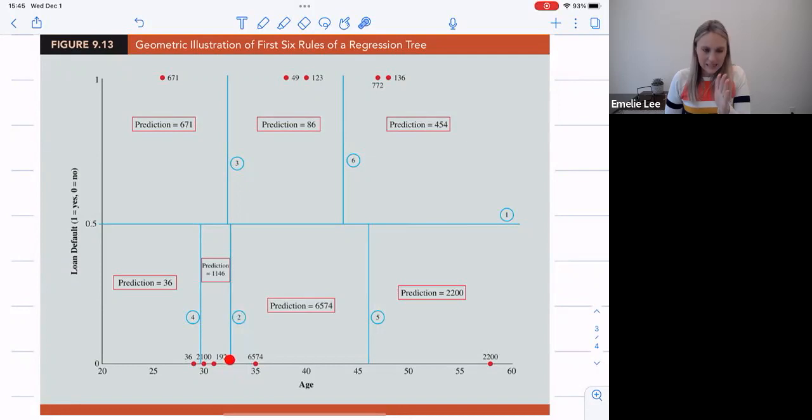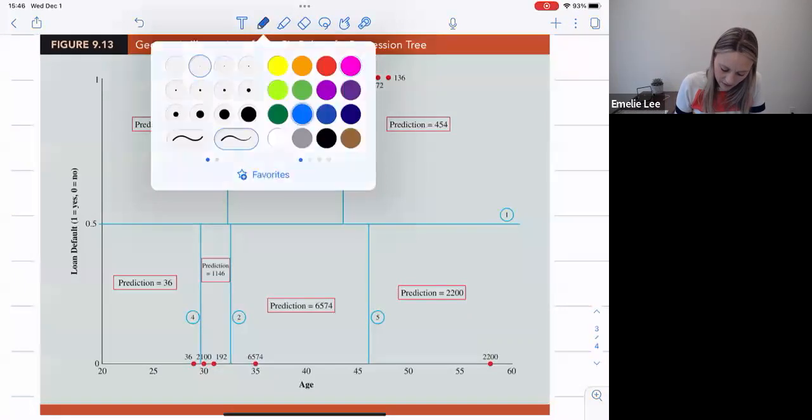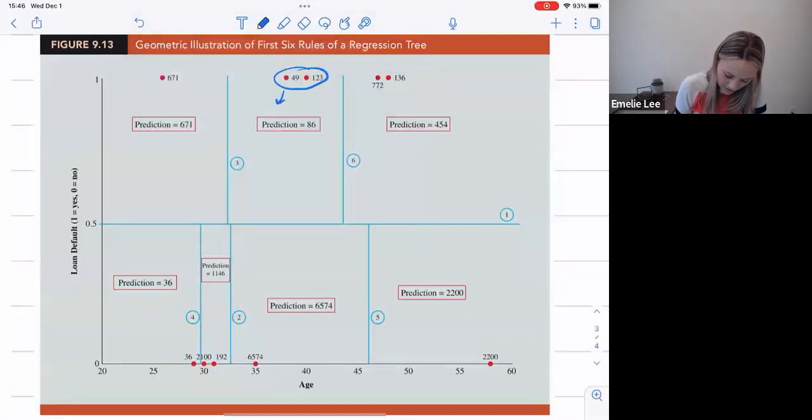So if you are younger than some age, I can't really tell, 33 maybe, then you're in this one group. Okay. And then we keep partitioning. Remember that once you've made this initial split, then you're working on both sides, right? Because that's the first node in your tree, and then you're working your way down. And so let's focus on the predictions now. This prediction is the average of 49 and 123. So 49, let me just confirm, plus 123 divided by 2 is 86.